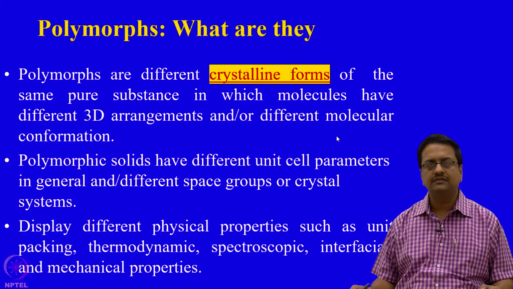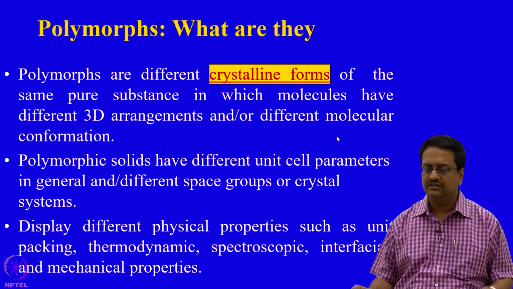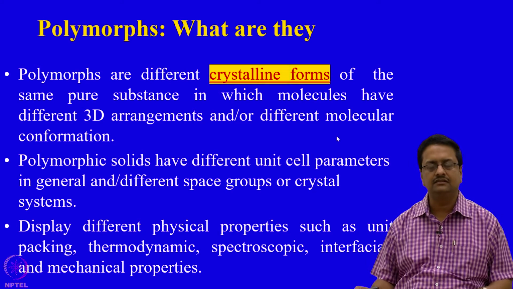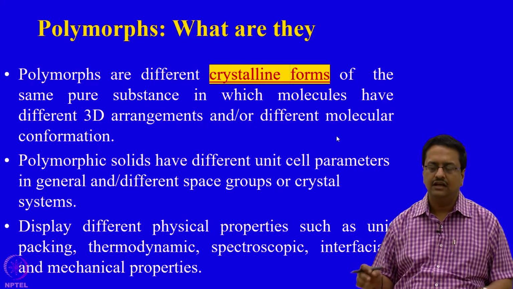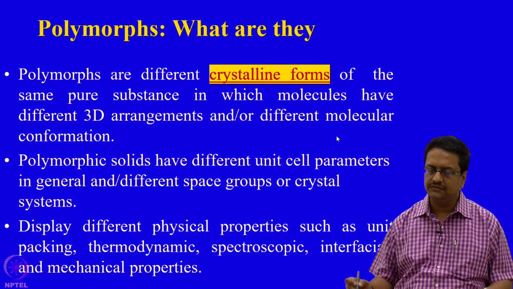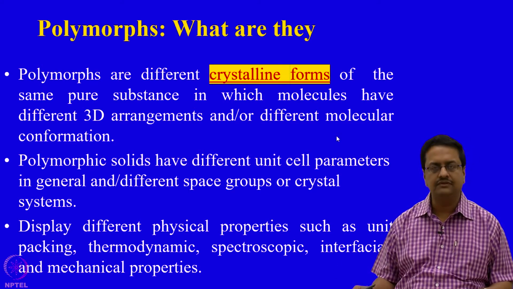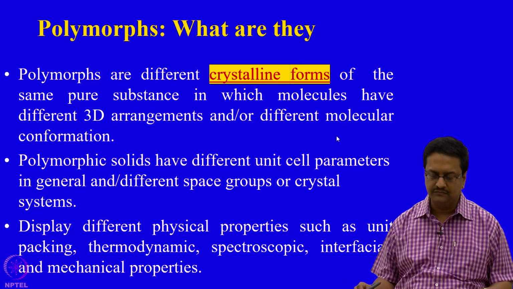So, polymorphs are different crystalline forms of the same substance in which molecules have different three-dimensional arrangements and/or different molecular conformation. Polymorphic solids generally have different unit cell parameters, different space groups, and many times may have different crystal systems as well.